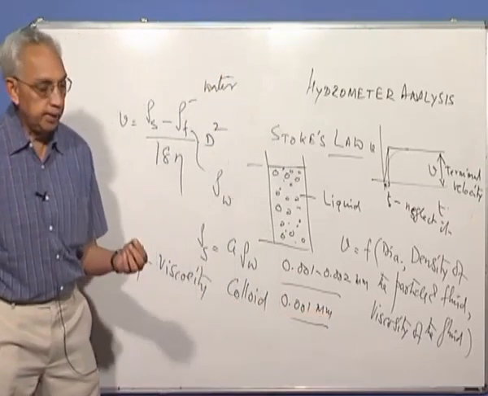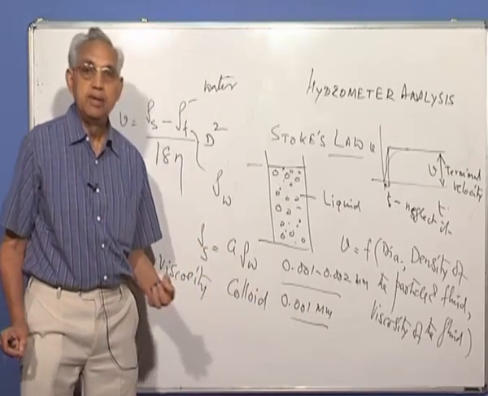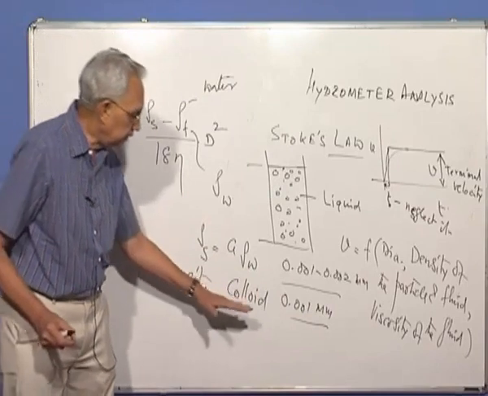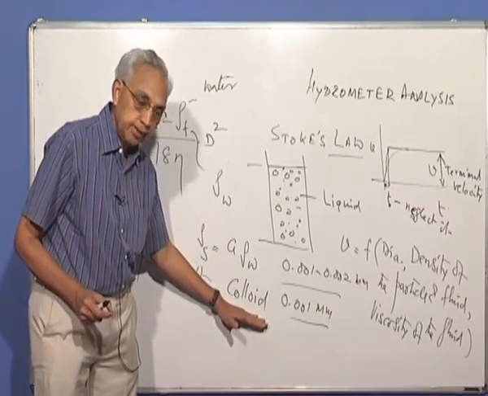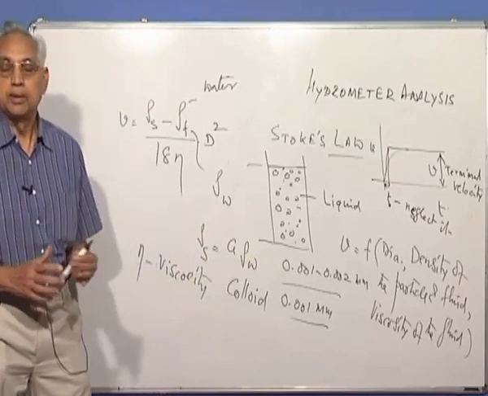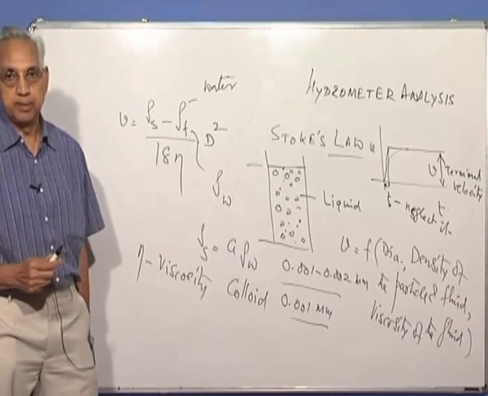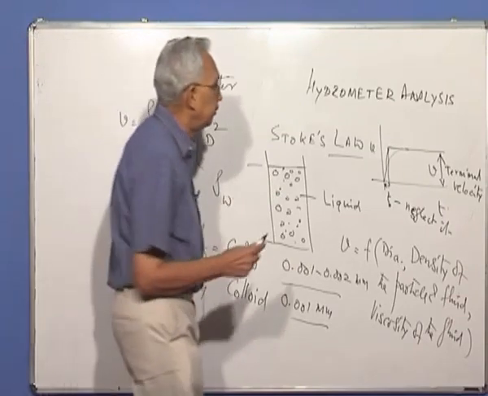Any particle of the size of 0.01 millimeter or finer will never settle, and that is why we call it a colloid. So what you find is somewhere around 0.01 to 0.02, the particles will not settle, they will always remain in suspension.